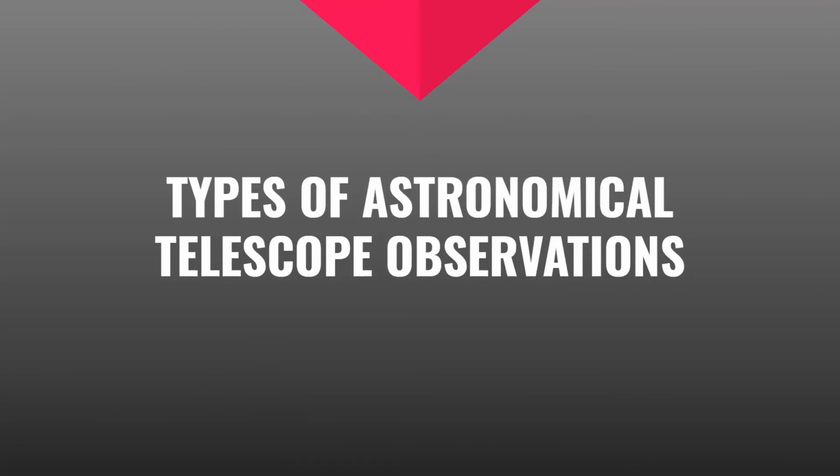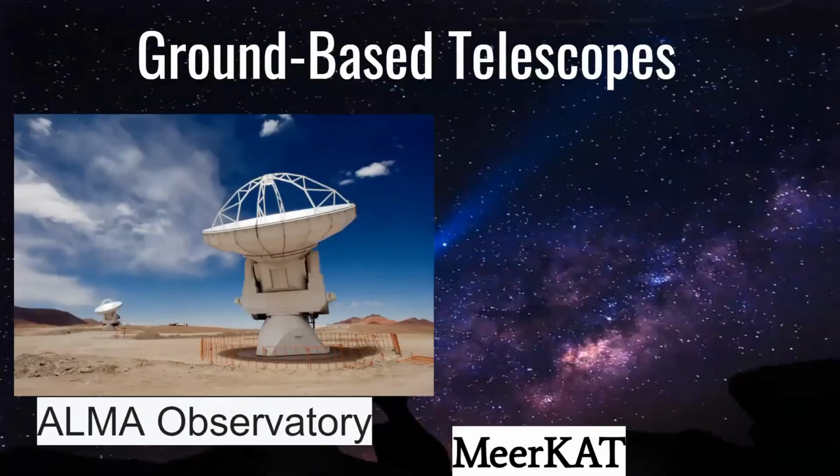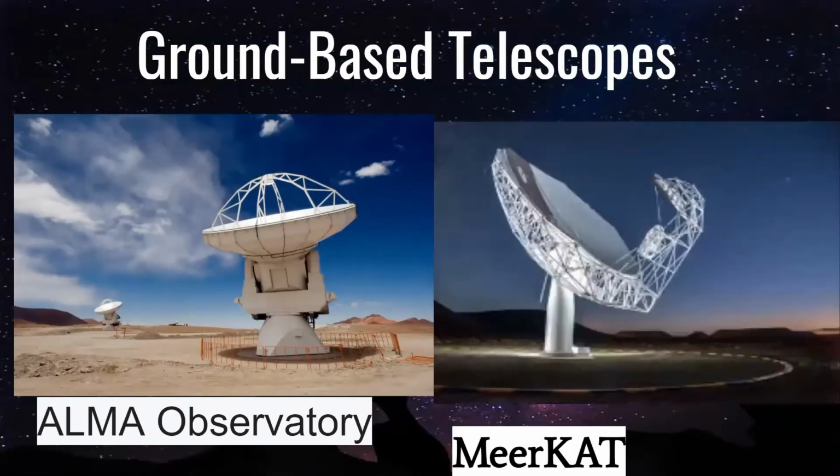Now, we will talk about the types of astronomical telescope observations. There are two main types of astronomical observation, and these are: one, ground-based telescopes. These are telescopes that observe the universe or observe the sky from the ground.